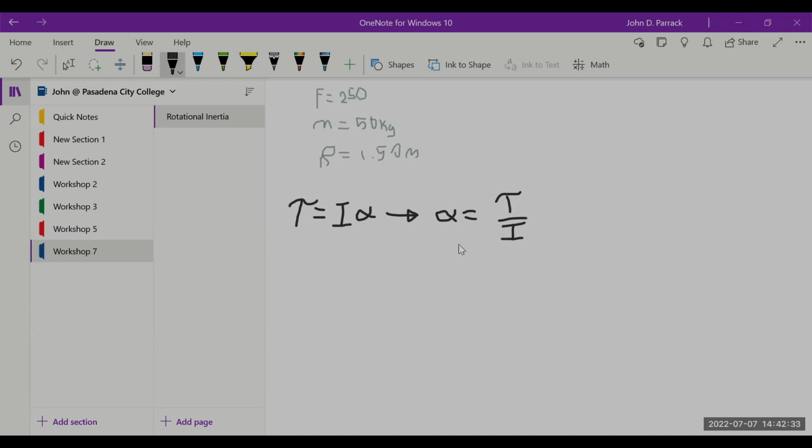Now, we have this, but we don't know the torque directly. They didn't just tell us what torque the father puts on it. They told us some information about the force. They basically told us the force. So we're going to have to find the torque somehow, and we're going to have to find I somehow. We have one equation here, right? If we have one equation, we can solve for, at most, one unknown thing.